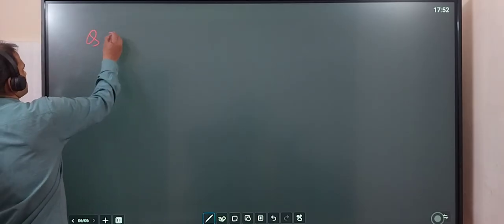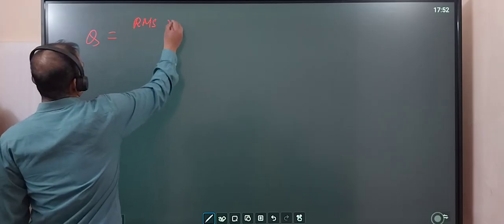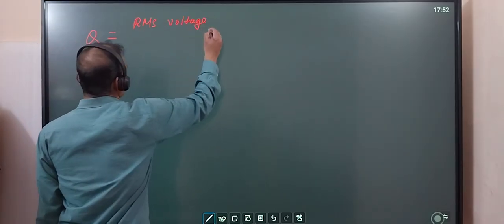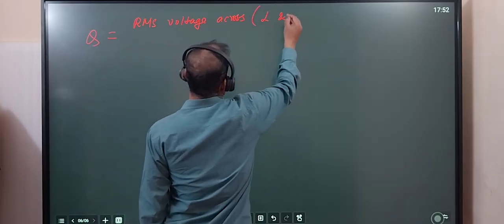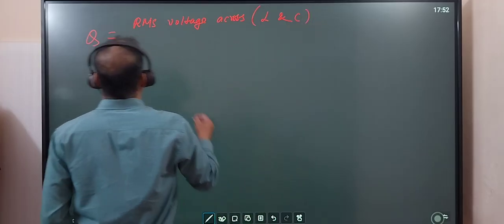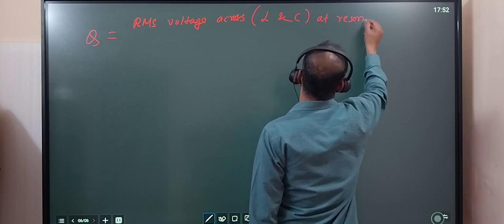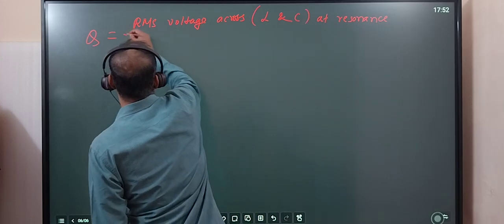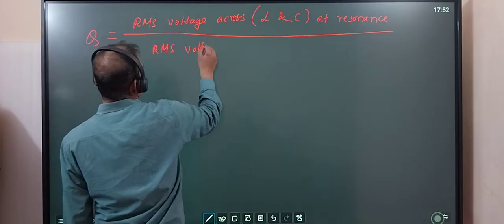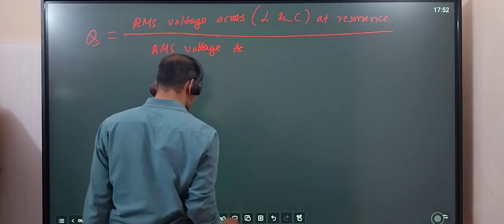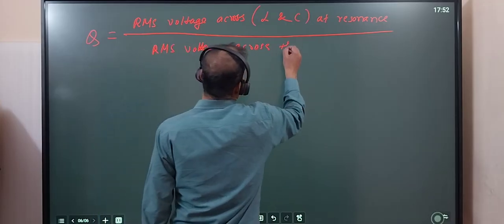Quality factor is also the RMS voltage across inductance or capacitance at resonance, divided by the RMS value voltage across the resistance.